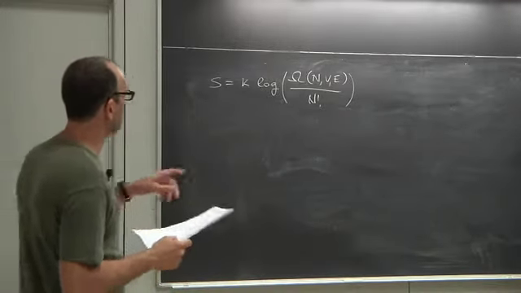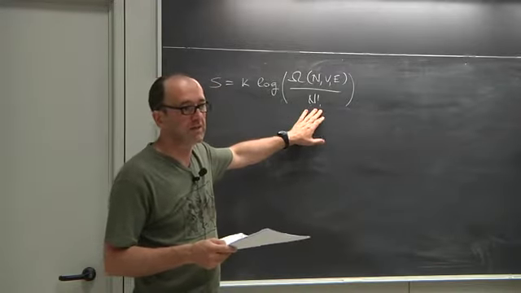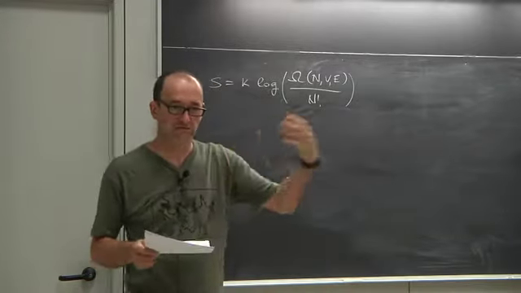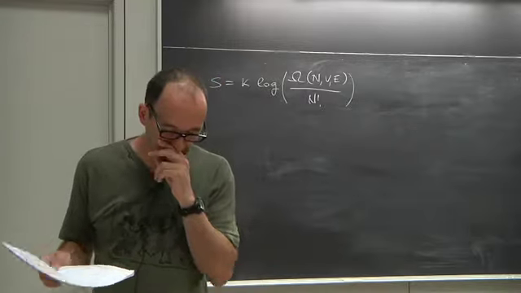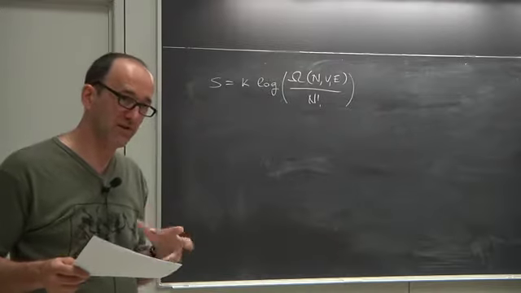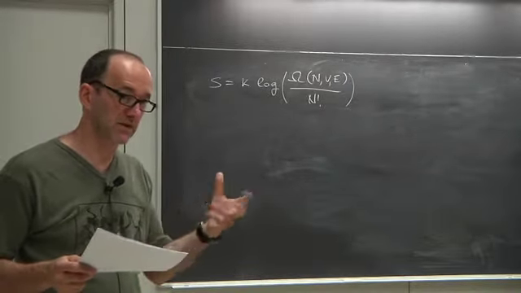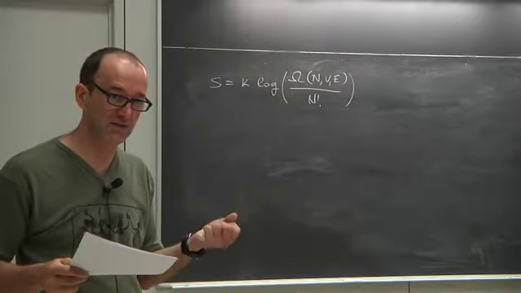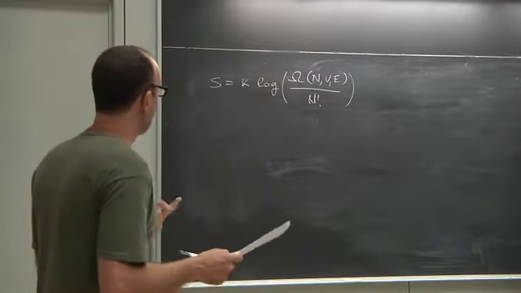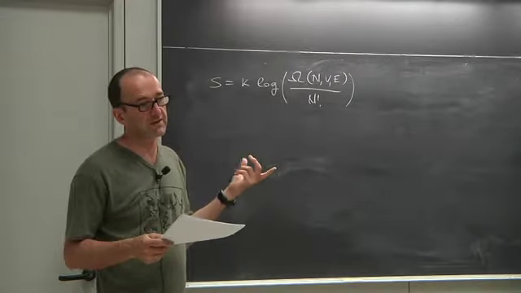So this N factorial is a way to correct for this inadequacy of classical mechanics. Okay. However, it's an approximate way. It's an approximate manner. Okay.